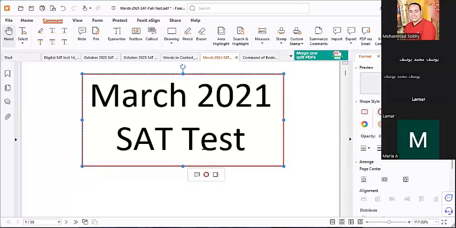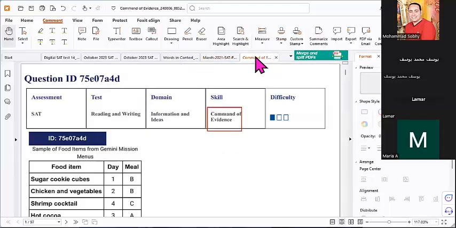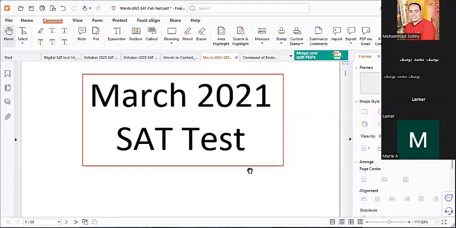Would you like to continue with the whole test, or take the domains, information and ideas? Which one would you like to proceed with?